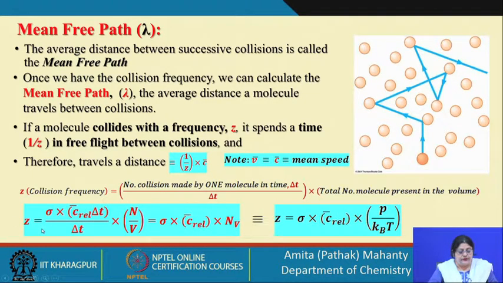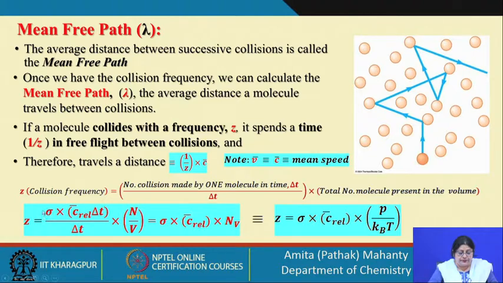This is what we had derived in the last class. The total number of collisions will be the number of molecules within that volume per unit time, into the total number of molecules present in the total volume of the container. This is the volume which is going to be swept.